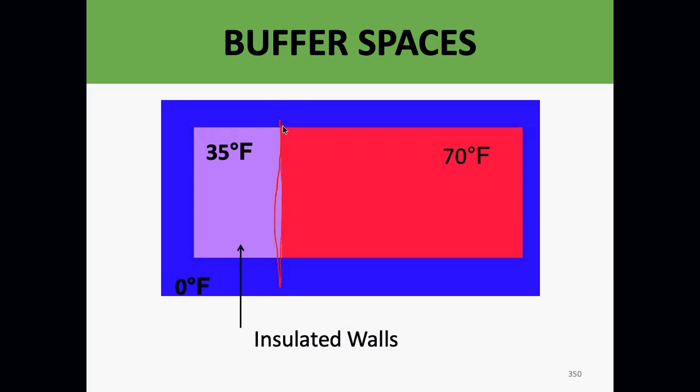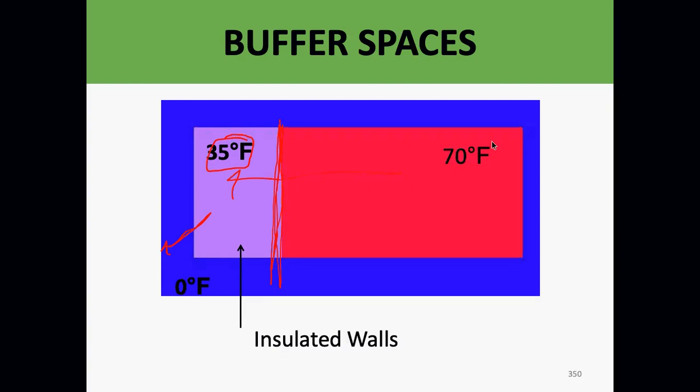If I have an insulated wall right here, my buffer space, which would be a crawl space, attic, or uninsulated garage, would be halfway in between the 0 and the 70, because some of the heat is going to escape to the outside as well. There's going to be a constant movement, but the safe thing to do is use the temperature halfway in between. So that applies to buffer spaces, crawl spaces, unheated garages, and attics.